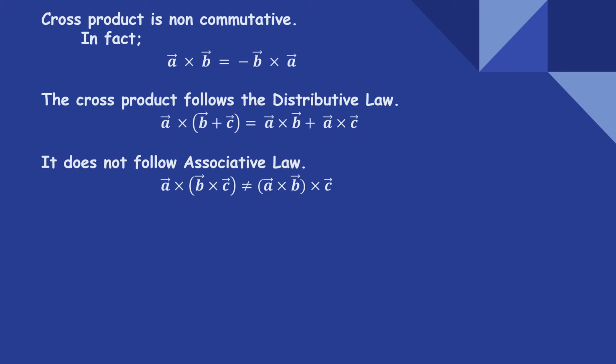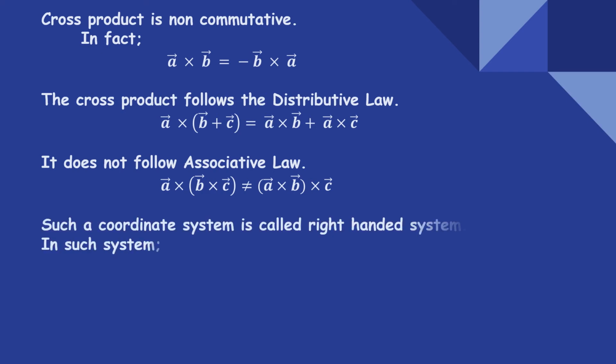So I multiply my vector a with the result of both of these, and here I multiply the result of both of these vectors with my vector c. So both are not equal. So this is the associative law, which the cross product does not follow.